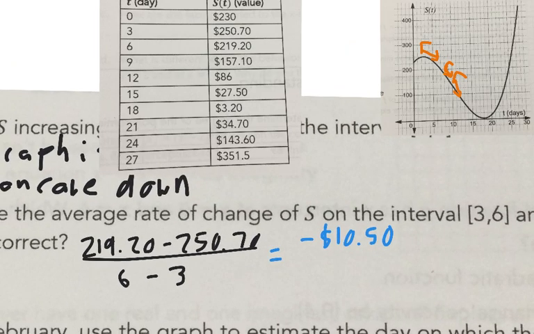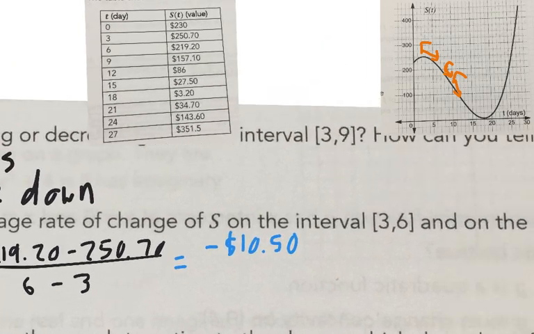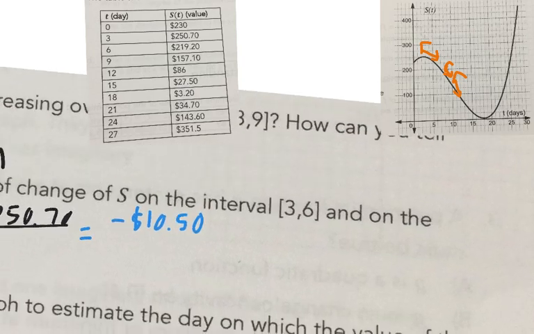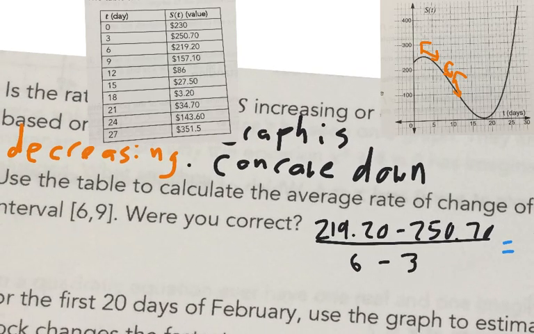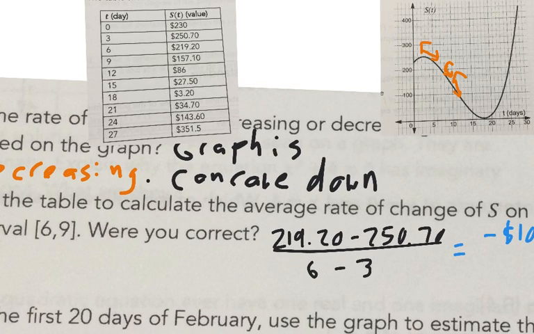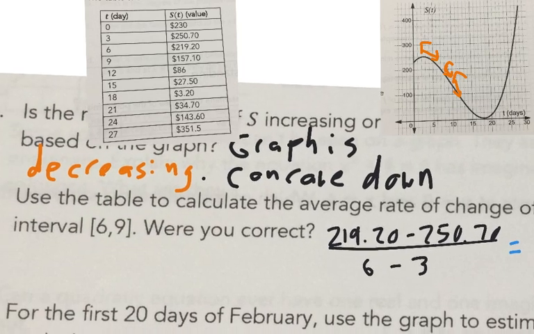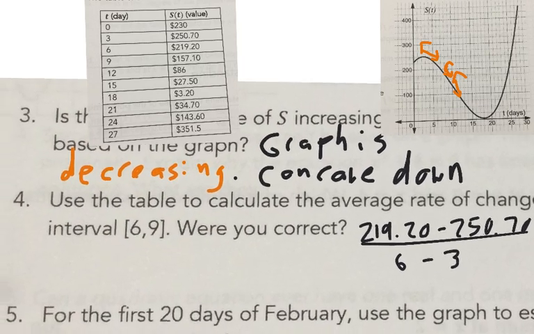Now, since it's concave down and we said the rates of change are decreasing, right? They're getting more negative. What do we think should happen between 6 and 9? That rate of change should be more negative. Because on the entire interval from 3 to 9, we said that the rates of change kept decreasing, kept getting more negative. So from 6 to 9, it should be a bigger change than it was from 3 to 6.